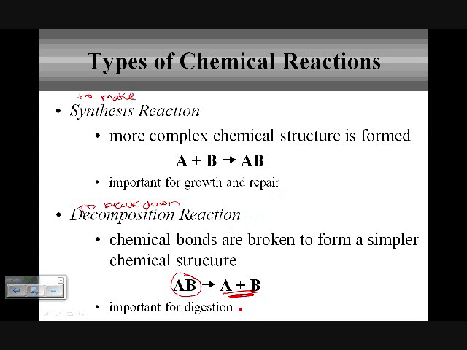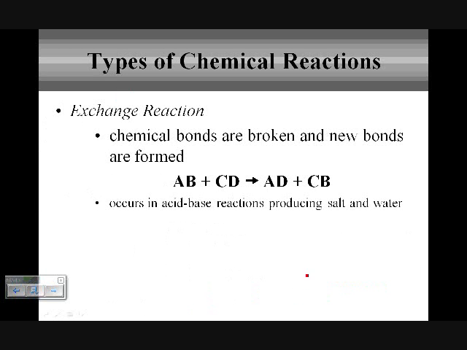For example, important in digestion, the idea of having starch, and when we break down starch, we get glucose bonded with glucose, etc. So we decompose, we break down the large molecule into more simple forms.